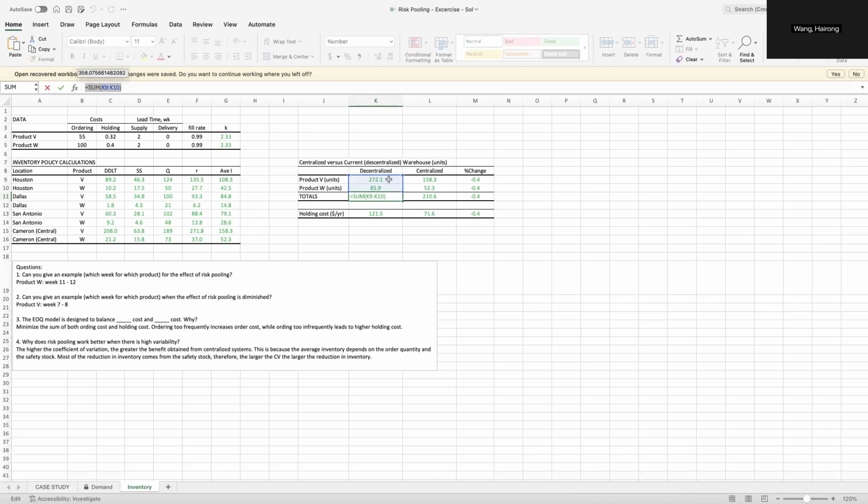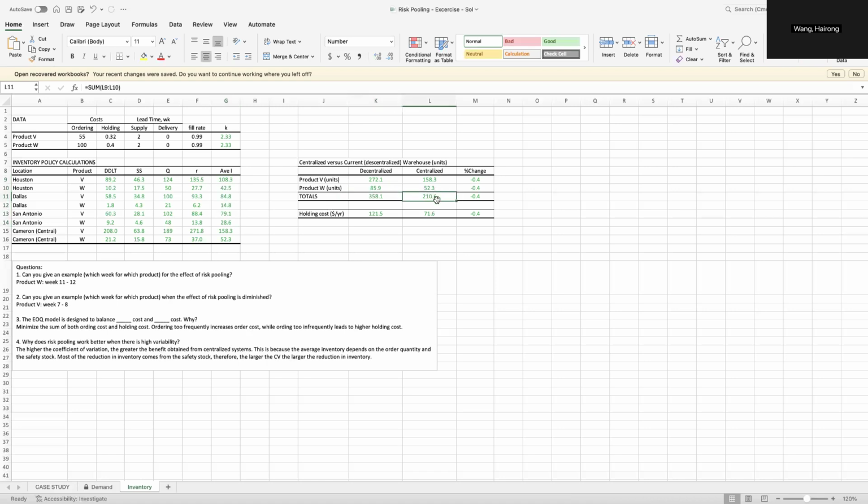We can directly summarize these 2, or you can also calculate the summation from column G9 to G14, right? You will get the same answer here.